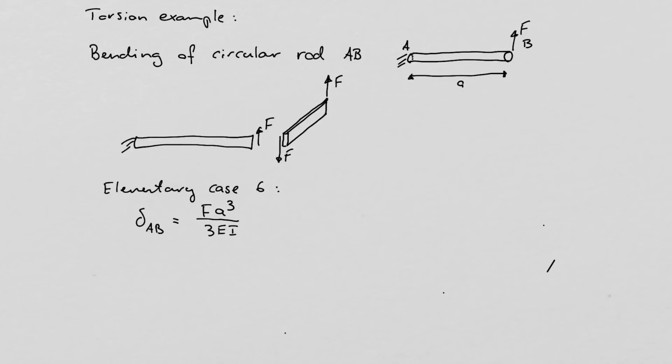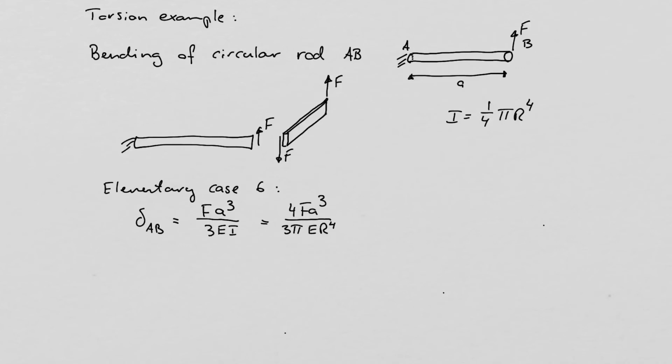And this time we have a circular cross-section, and that means that our moment of inertia will be 1 over 4 pi r to the power of 4. Inserting that, we will finally get 4 FA to the power of 3 divided by 3 pi E r to the power of 4. So that was already 2 contributions.